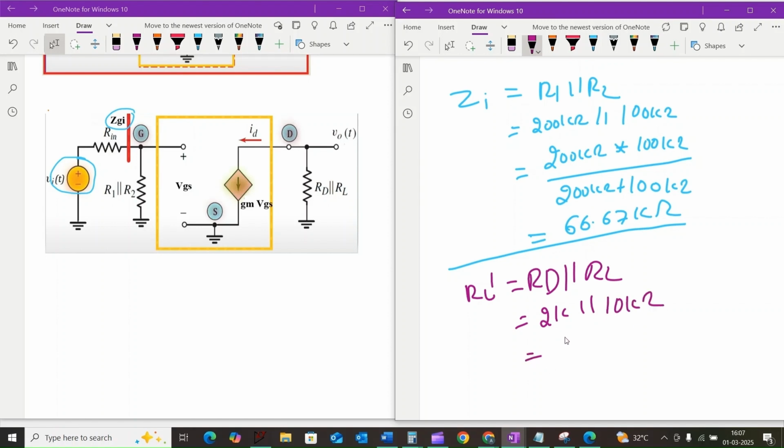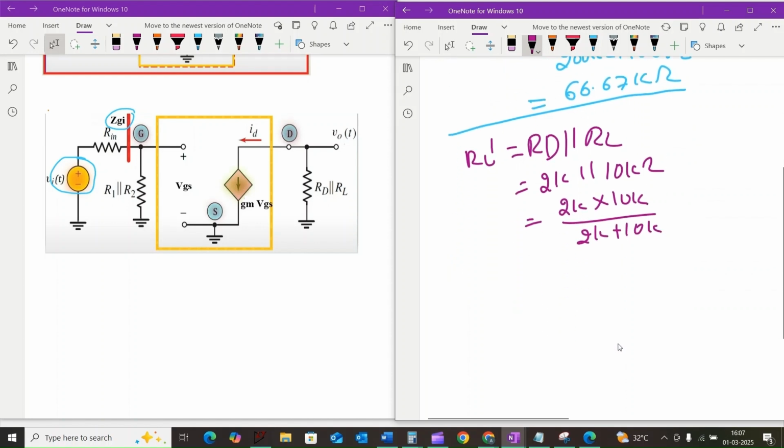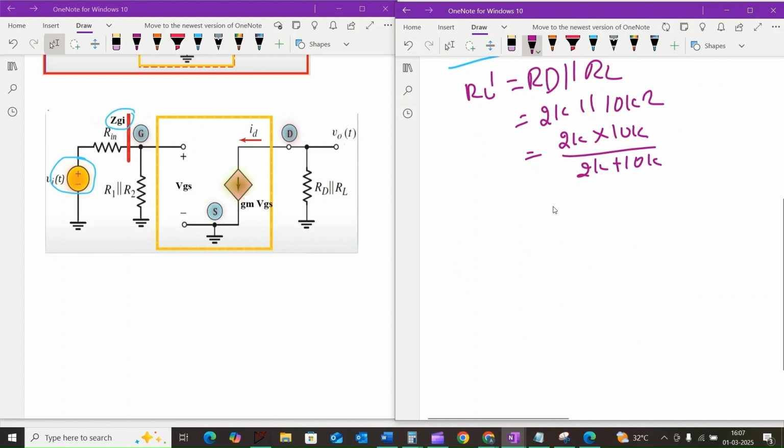Then 2 kilo ohm into 10 kilo ohm divided by 2 kilo ohm plus 10 kilo ohm. And when we simplify this, we will get 1.667 kilo ohm.